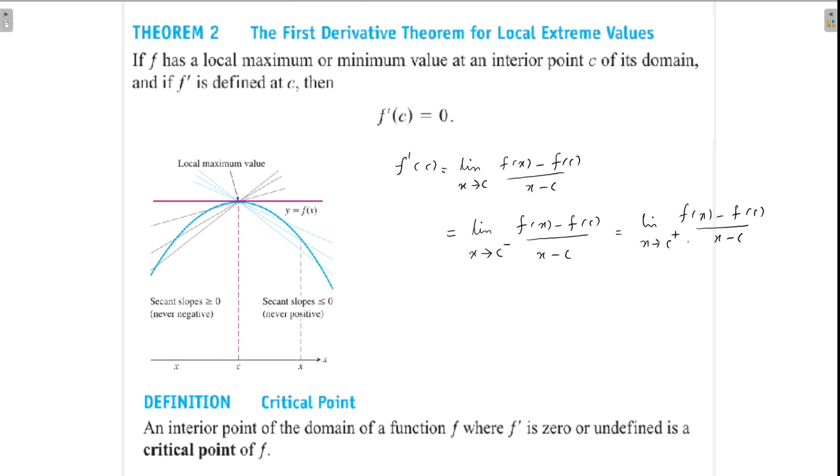Both should be equal in order to get f dash C. So we need to evaluate these quantities.